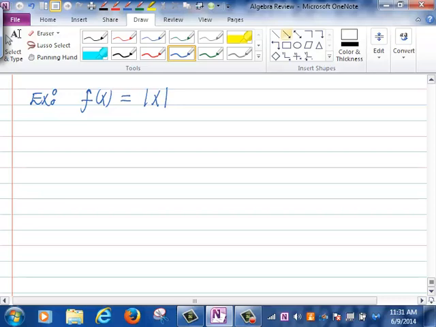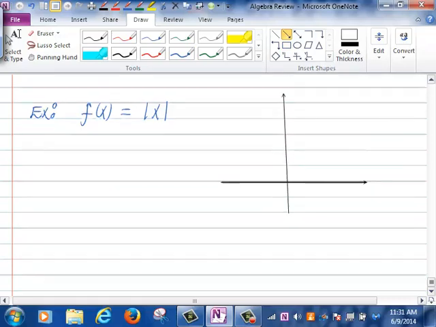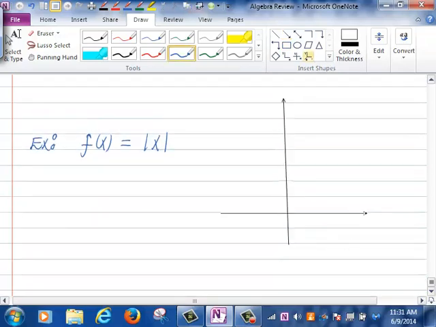And you guys remember that the graph of this function looks like a V, right? Okay, the graph of this function looks like a V.